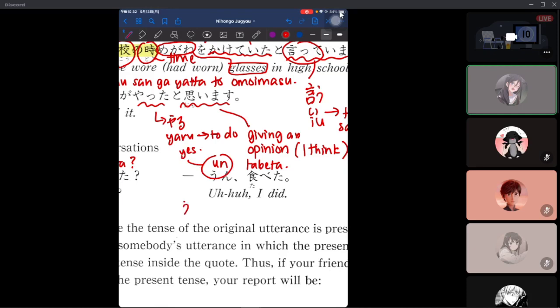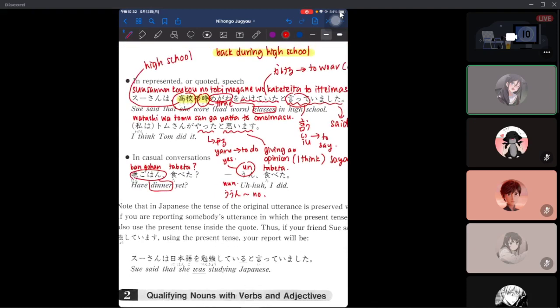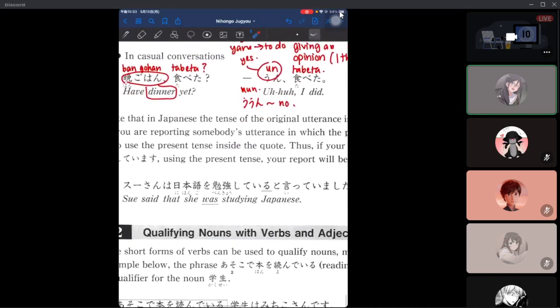If it's the long one, or if it's まだ食べてない, it means no. So if it's 食べた, then yes.